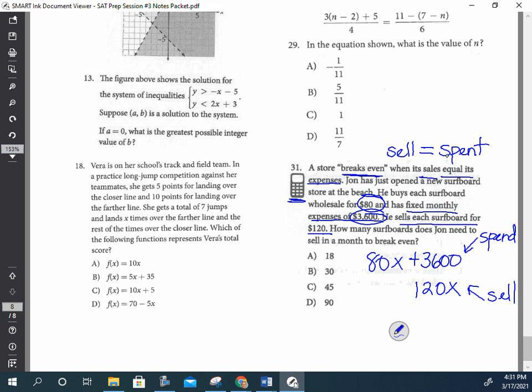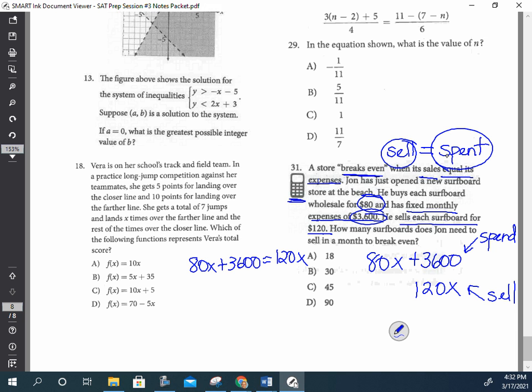All right. So remember, however much he sells has to equal however much he spent. So we're going to take these two parts and set them equal to each other. 80x plus 3,600 equals 120x.